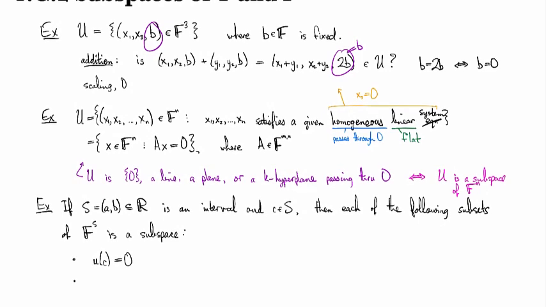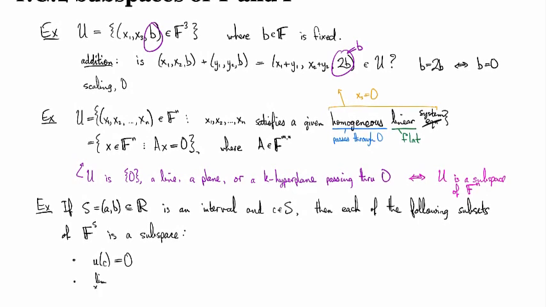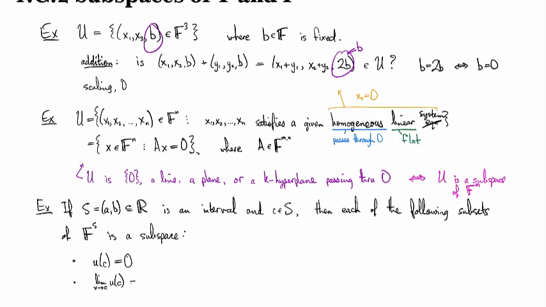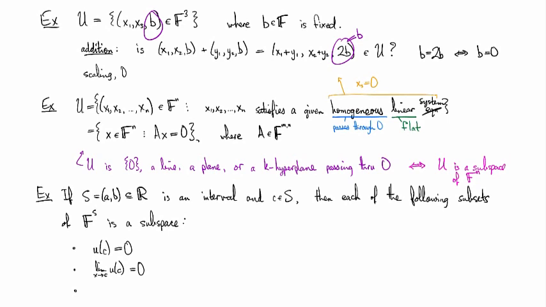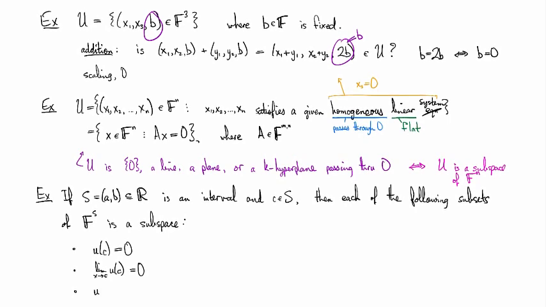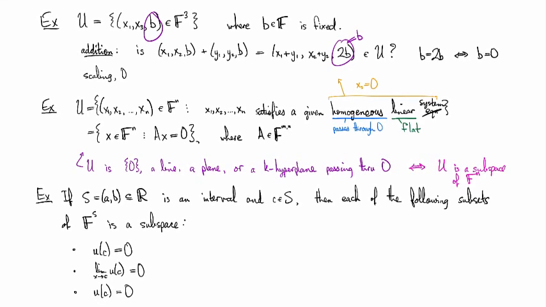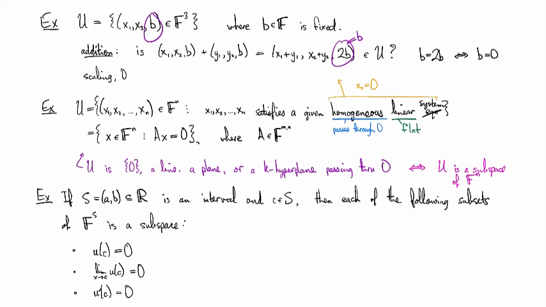If I were to take all of the functions whose limit as x tends to c is 0, that's all the functions that tend to 0 at c. They might not actually be equal to 0 there. Or if I look at derivatives, u prime, sorry, the whole point is that that's supposed to be a derivative.